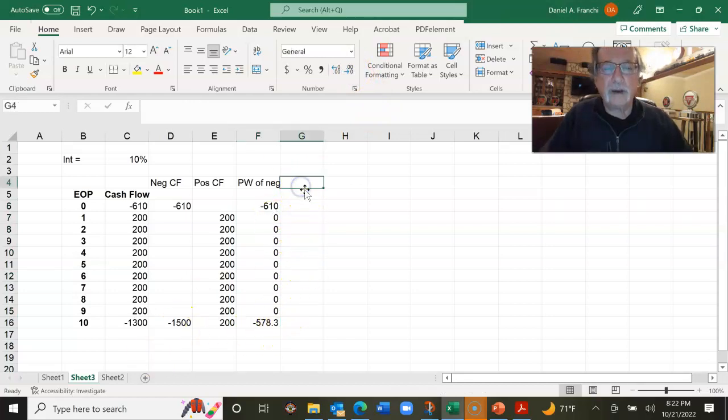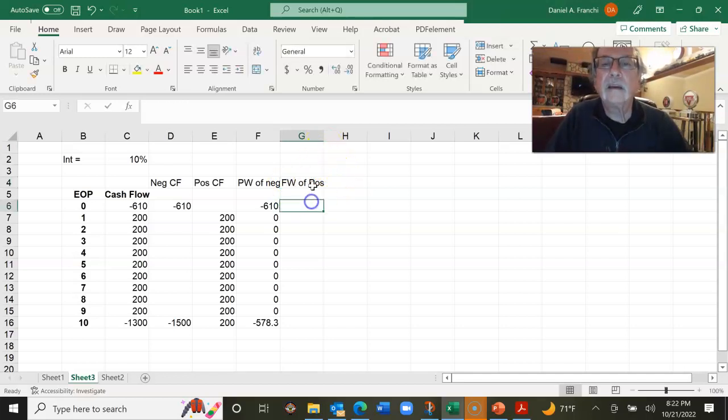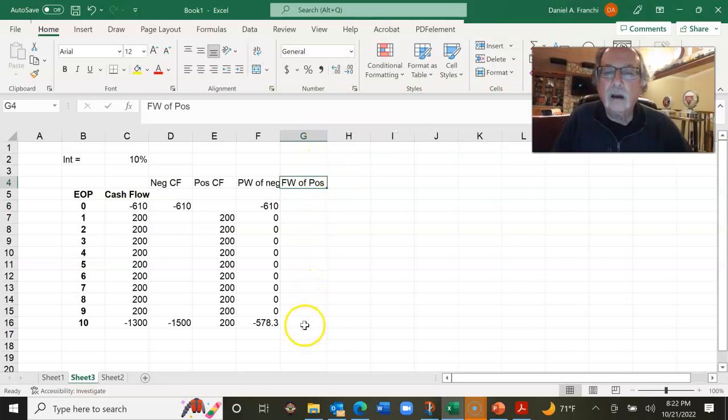The present worth of the positive cash flows, I'm sorry, the future worth of the positive cash flows, is going to be the future worth at the end of the 10th year.